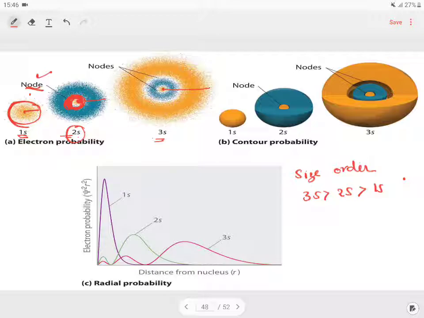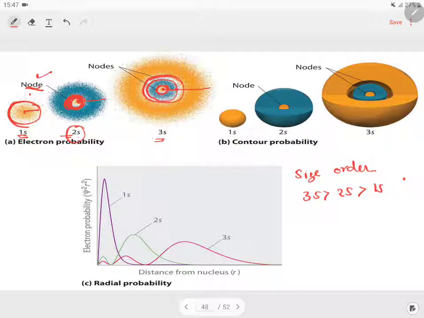Similarly, if you consider the 3s orbital, you can look here, there is one region at a certain distance from the nucleus where the probability of finding electron is 0. Again, after a certain distance, there is a probability. After that again, the probability of finding electron will be 0.